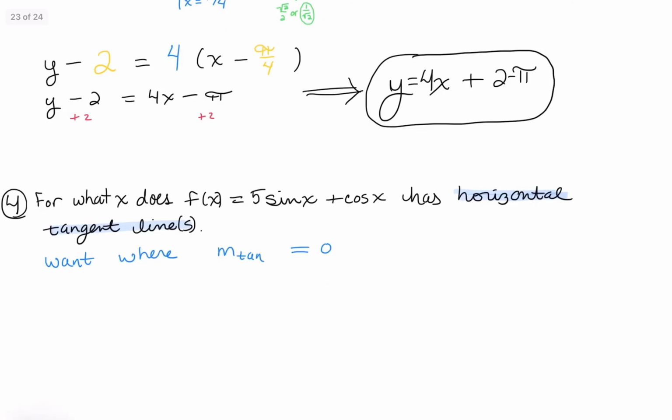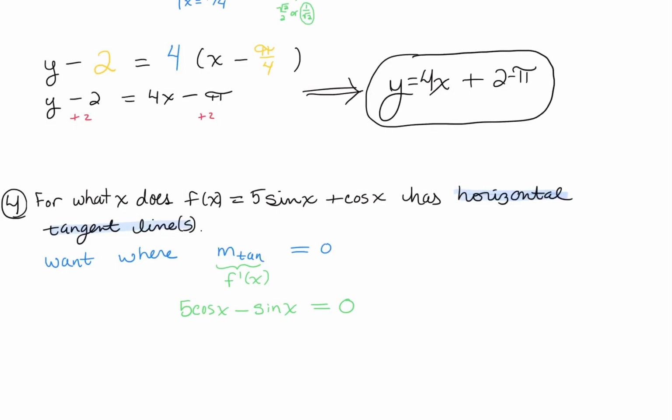All right, well, slope of the tangent line, that simply means the derivative. Okay, so slope of tangent line, that's my derivative. And my derivative in this situation is 5 carries along, derivative of sine of x is cosine of x, and then derivative of cosine of x is minus sine of x, and we are now looking for where that equals 0.